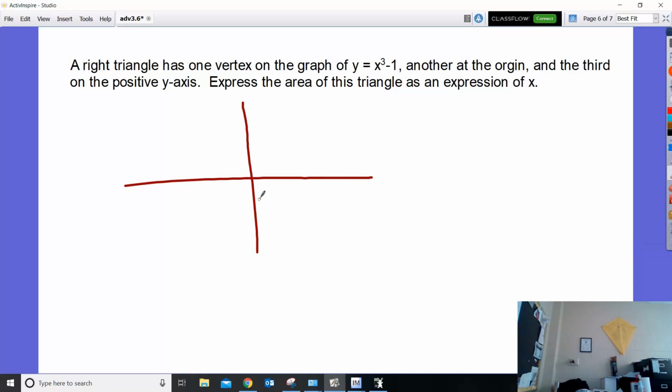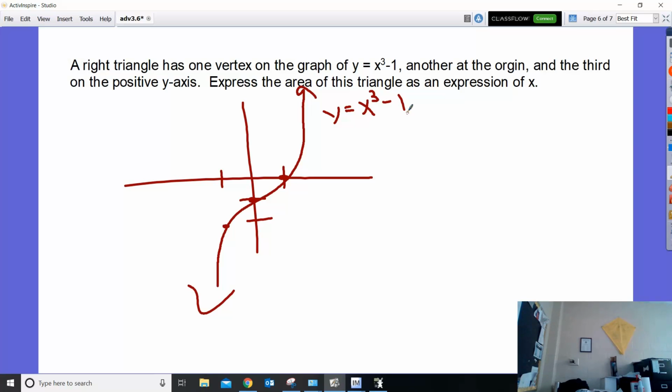You just take the parent function and shift it down 1, with its origin moved, up 1 over 1, down 1, left 1, and then you just need some curvature. That was the transformation section in your book, kids. That's y equals x cubed minus 1.